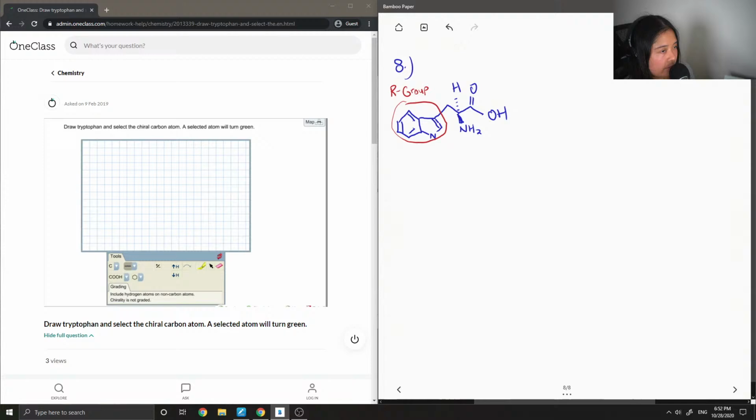Okay, so now it wants us to select the chiral carbon atom. So let me write down the definition of chiral. The chiral carbon atom will have 4 different groups on carbon.